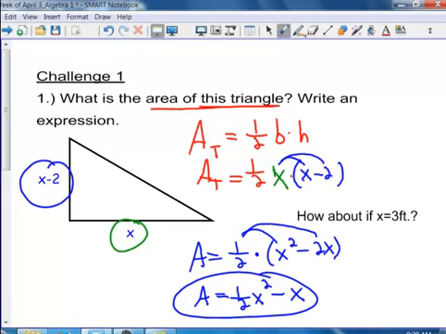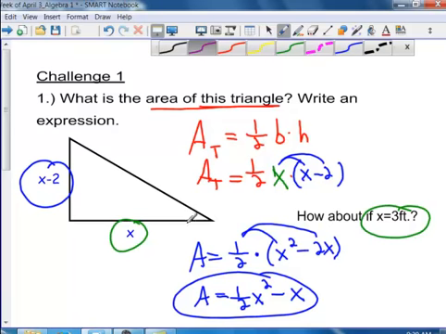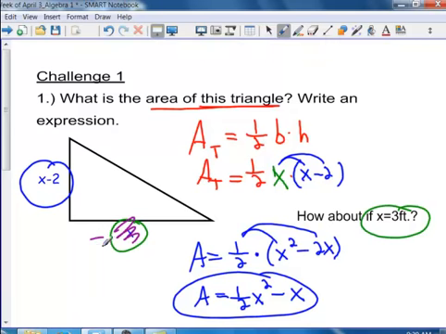But what if x was 3 feet? So how would we figure out the area? Well, if x was 3 feet, this would be now 3, and this would now be 3 minus 2, which is 1. So the area would equal 1/2 base times height, so it'd be 3 over 2.